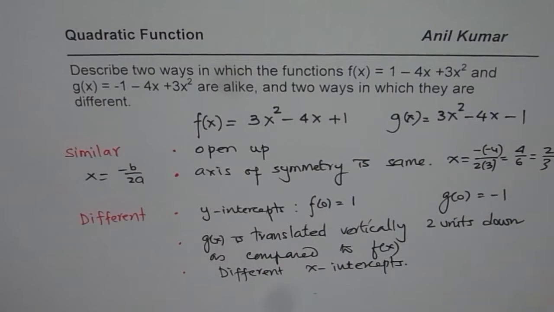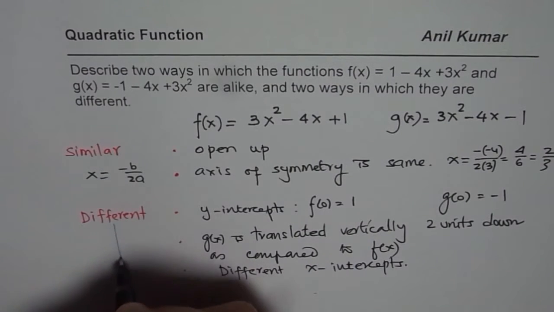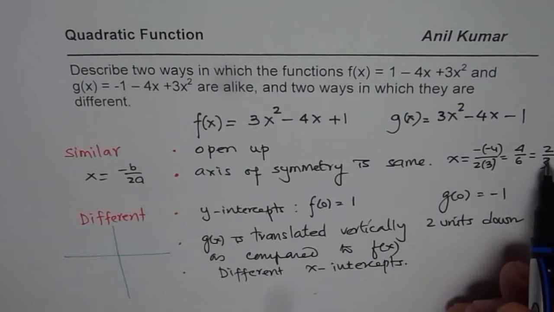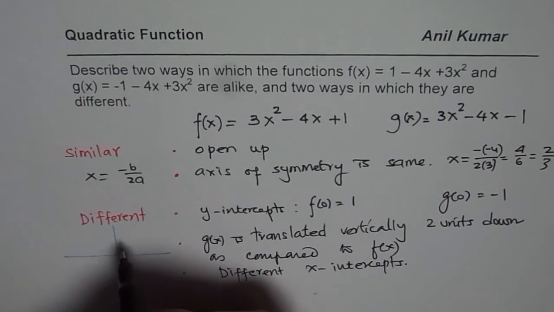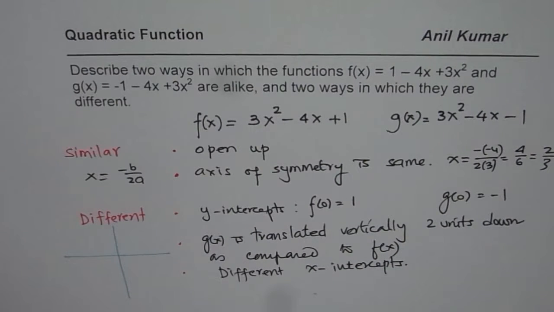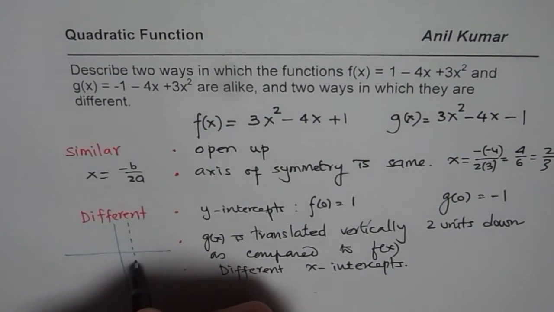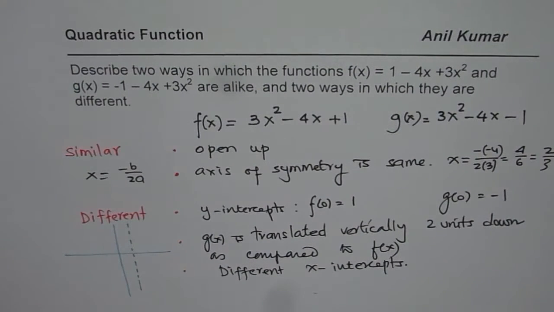Now you could appreciate it further if you make a little sketch here. Let me just sketch them roughly, right? What we observed was that x is at 2 over 3. That means less than 1, but somewhere on the right side of the origin. So let us say roughly that is the axis, which is same for both.